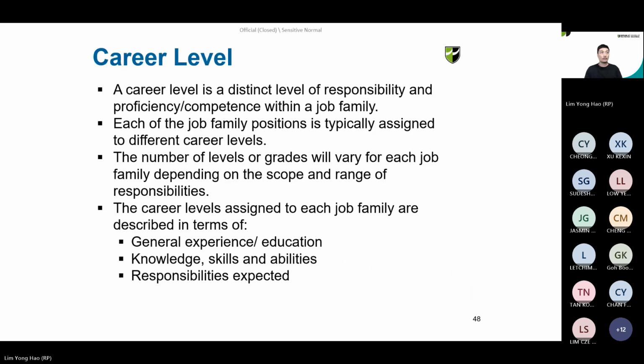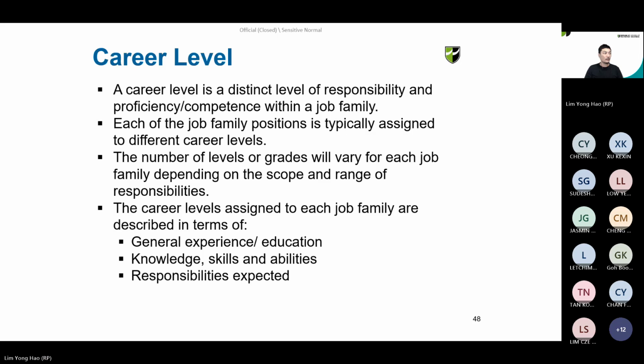So another important part of job family is also the ability to allow you to think a bit more broadly about how people can move up within a particular organization. We can generally call it career level, but different places call it differently.